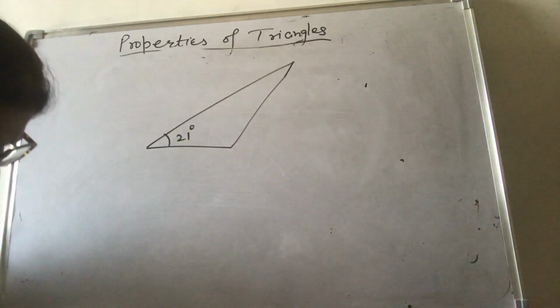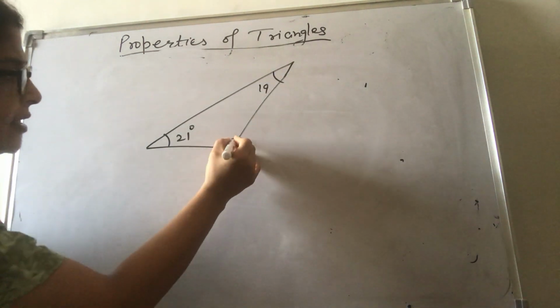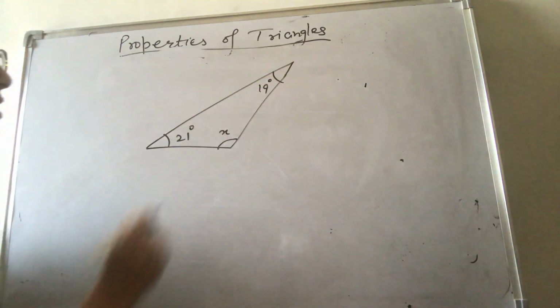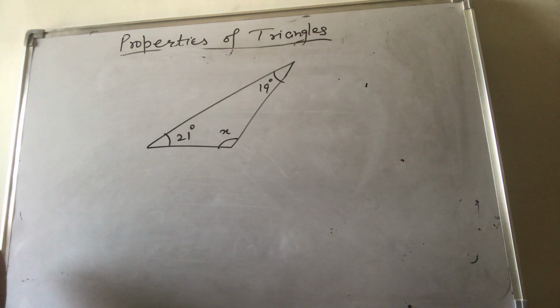This angle is 21 degree, this angle is 19 degree, and this is the unknown angle and the name given is X. Now we have done that the sum of the three interior angles of a triangle is always 180 degree. That is the angle sum property.